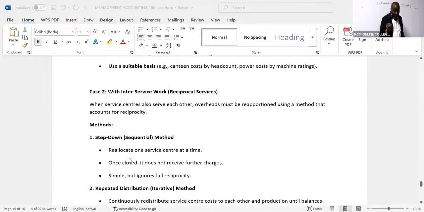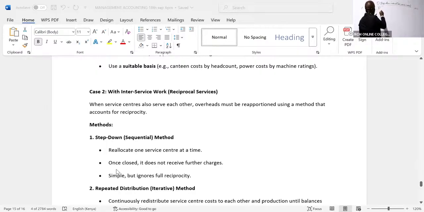Another dash: simple, but ignores full reciprocity. Then we go to method number 2.